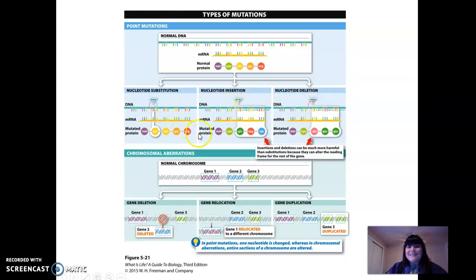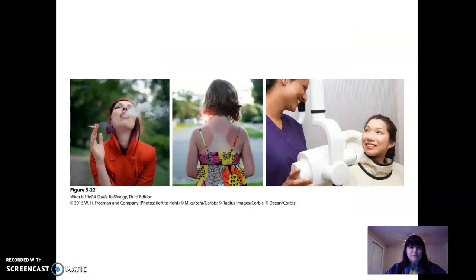Those are just some examples of mutation. So base substitution, insertion, deletion. And when that happens, it would change the amino acid sequence. And if we change the amino acid sequence, now we have a new protein. There's relocation, duplication, sometimes things can change.